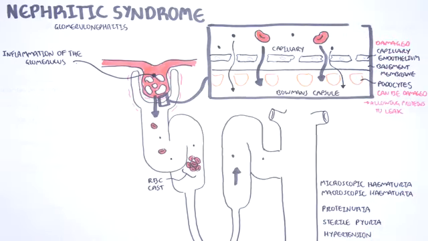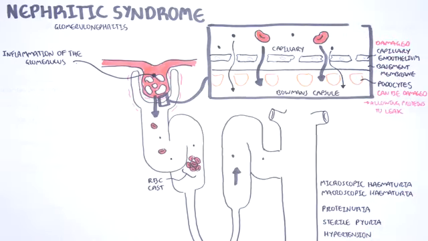There are usually low serum C3 and normal C4 levels due to activation of the alternative pathway. I will have a separate video that will go into more detail on membranoproliferative glomerulonephritis.